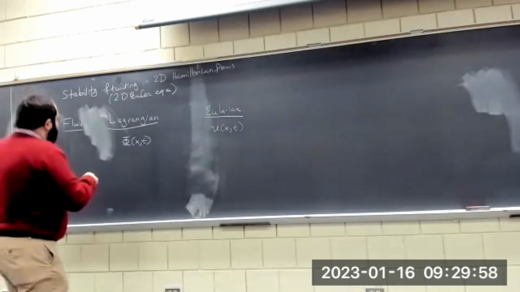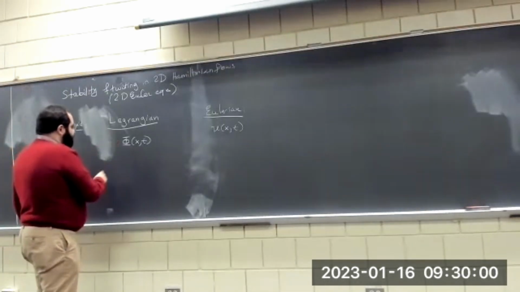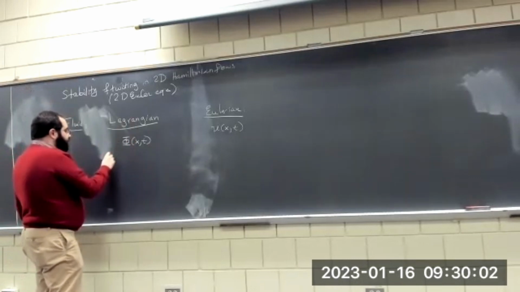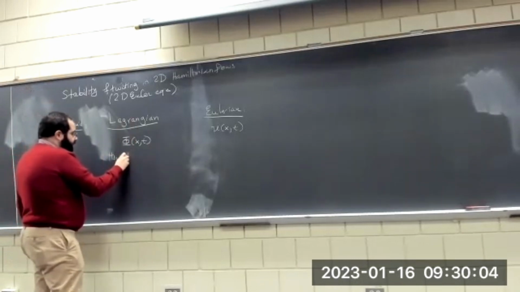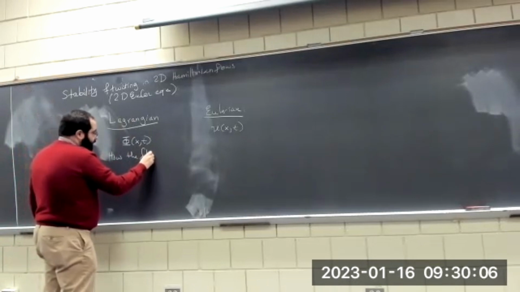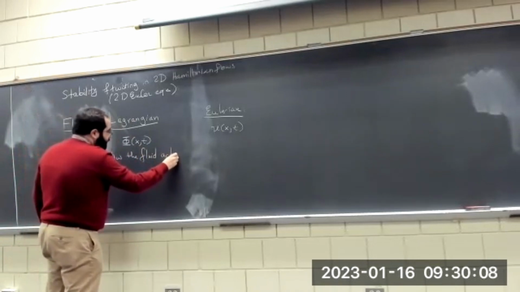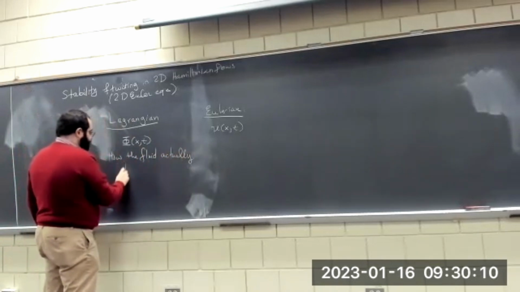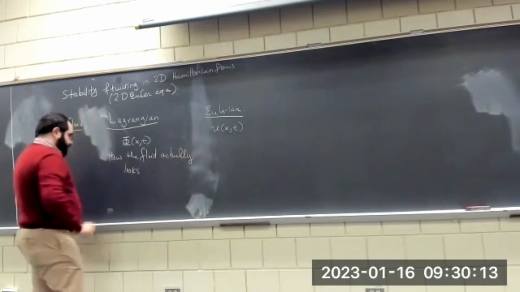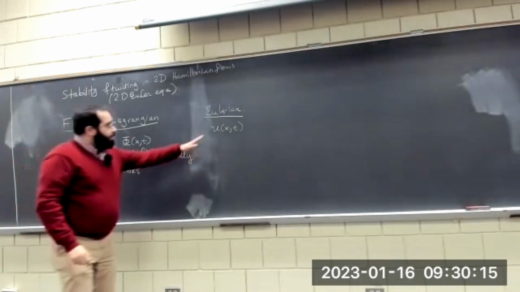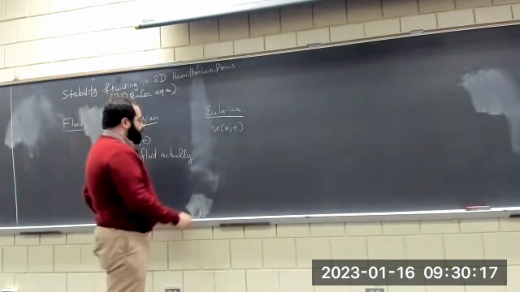So this Lagrangian flow point of view is basically how the fluid actually looks. Sometimes when we talk in Eulerian terms, we talk about things being steady.